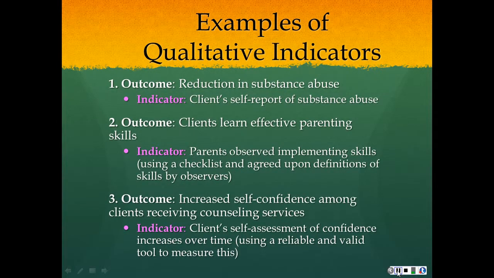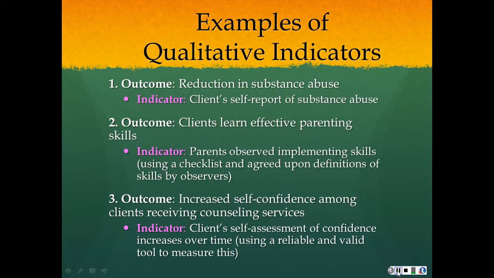And let's look at a different kind of qualitative indicator, not related to the outreach campaign, but this is one that you would have a hard time getting a quantitative indicator for. Outcome number 3. Increase self-confidence among clients receiving counseling services. So one of your goals is to increase the self-confidence of your clients. So then you might use a reliable and valid tool around confidence.